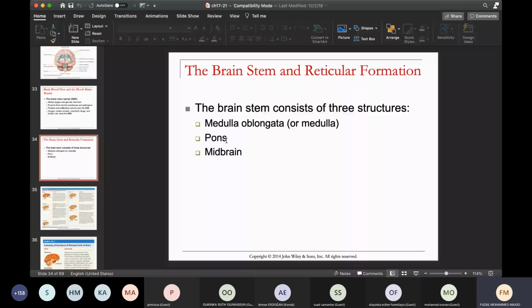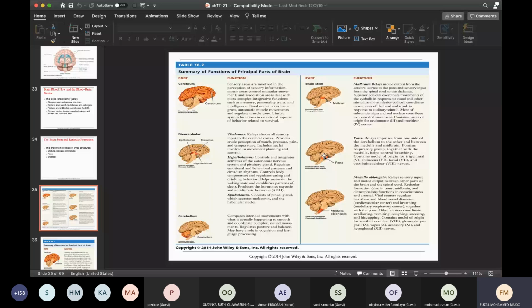All right, so this is a good table to look at. I'm not going to go over all of this, but this is what you can study, and you can expect questions on your exams from here as well. This is a part of the brain, and this is what the function is. So cerebrum, what does the cerebrum function to do?